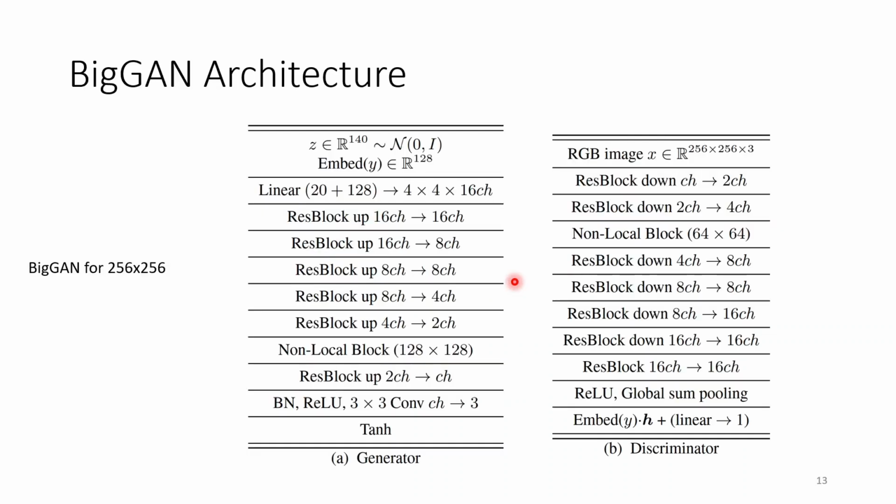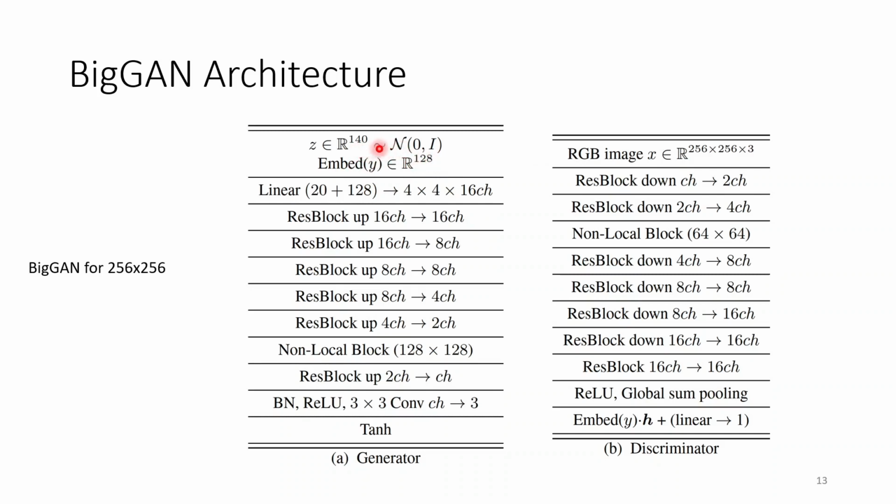And this is the BigGAN architecture. There are several architectures, and this one is for the 256 square output image. Given a random noise input and an embedding vector, they do the experiment on ImageNet. There are 1,000 classes in ImageNet, so given a class label, it will convert the class label into a vector of 128 dimensions.